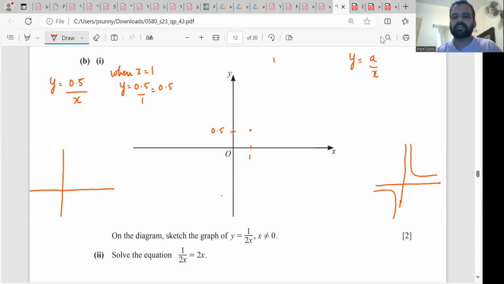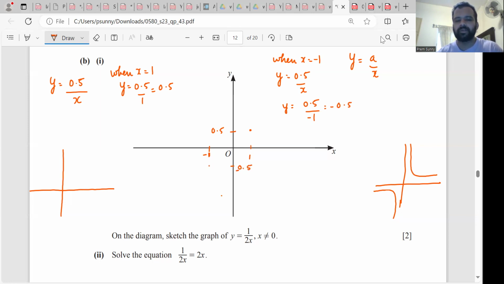Now let's see what happens when x is equals to minus 1. When x is equals to minus 1, we know the graph equation is 0.5 over x. So 0.5 divided by minus 1 will give me minus 0.5. Let's say my x value minus 1 is over here, and minus 0.5 is over here.